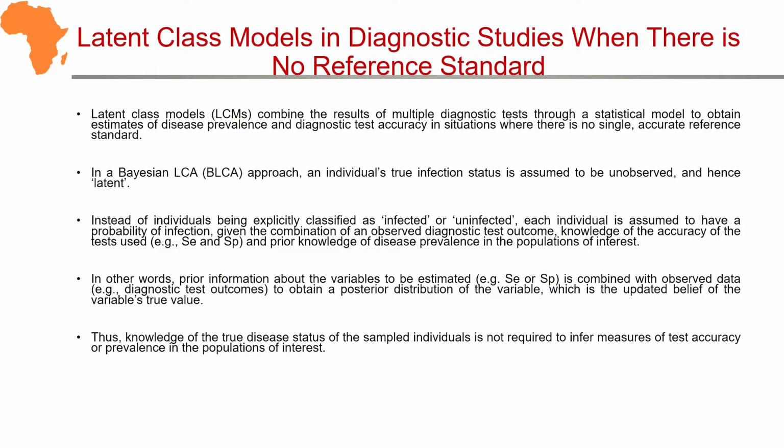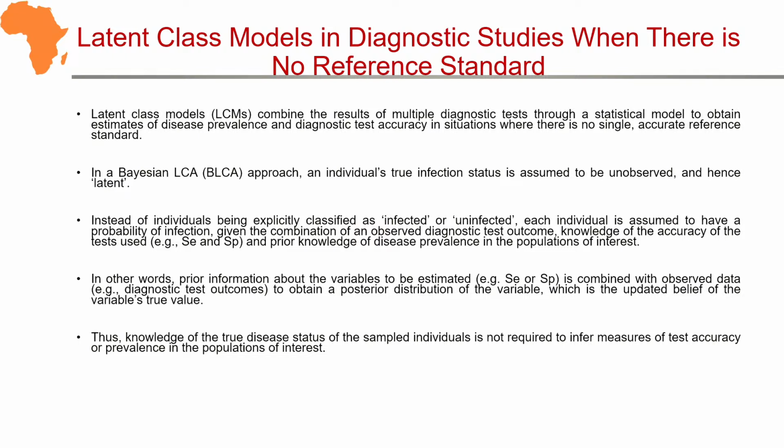Instead of individuals being explicitly classified into infected or not infected, each individual is assumed to have a probability of infection, given the combination of diagnostic test outcome, knowledge of the accuracy of the test used, sensitivity and specificity, and prior knowledge of the disease prevalence in the population of interest.